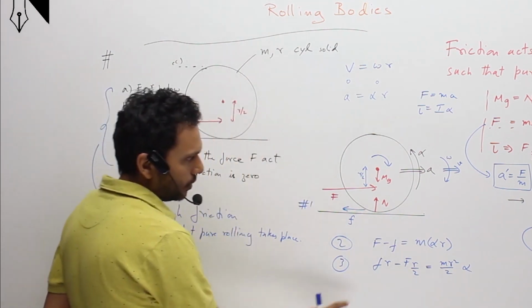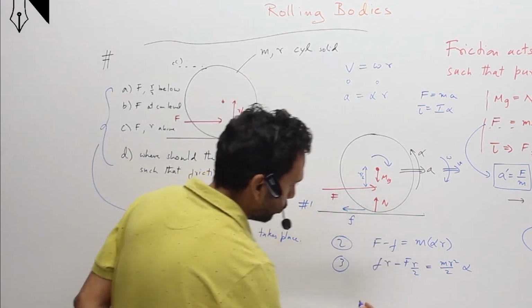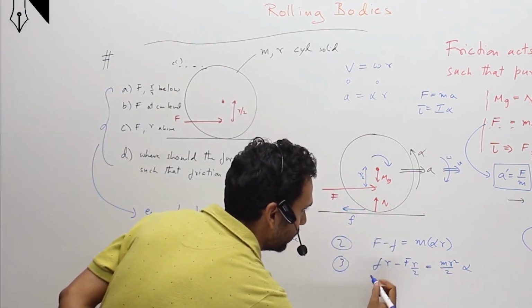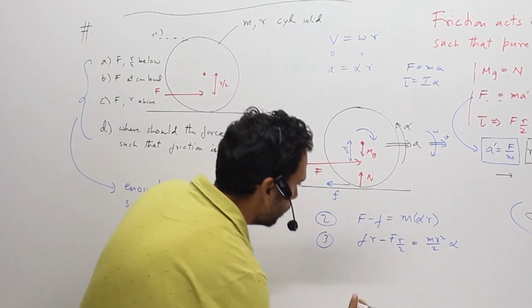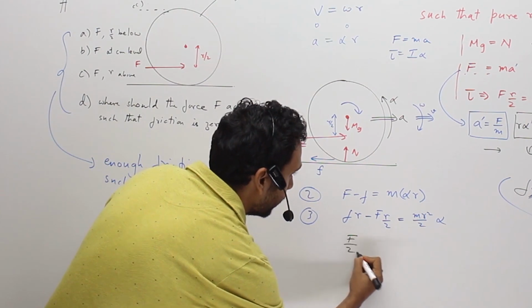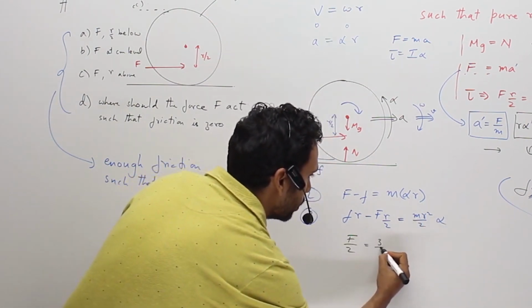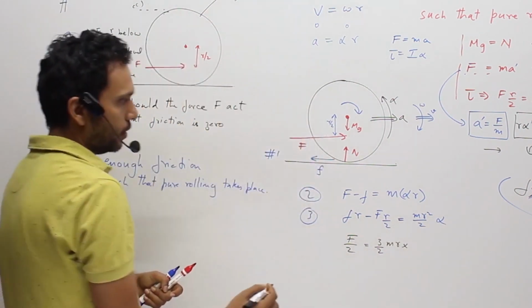So how to do it? Your R and R get cancelled. You can just eliminate F by adding the two equations. I'll quickly do it for you; you may do it yourself. So F minus F by 2 gives you F by 2. Here MR alpha and MR alpha by 2 gives you 3 by 2 MR alpha.